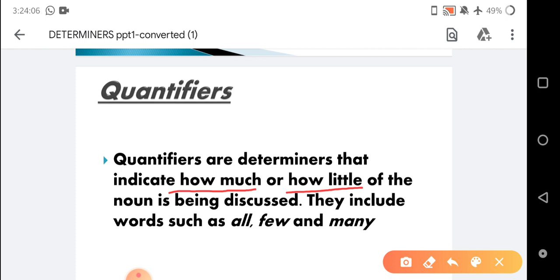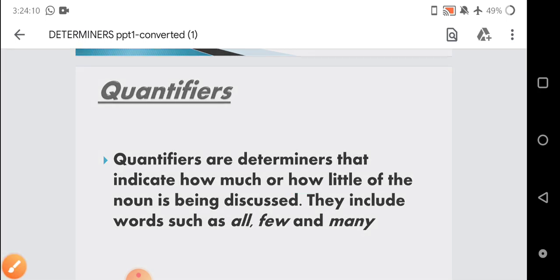Now when we talk of few and little, there is always a general confusion about the usage, first of all the difference between few and little. What is the difference? Few is used for countable nouns and little is synonymous with few. Little is used for uncountable nouns.